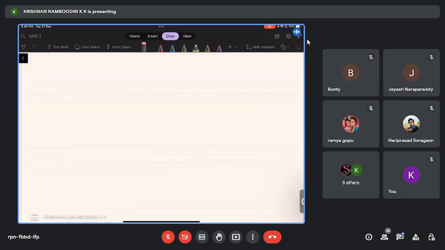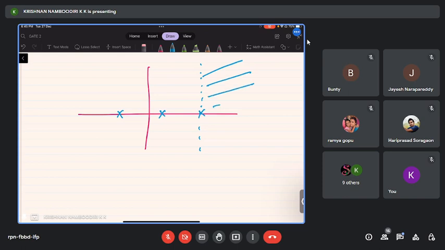Suppose this is the S plane, and I have some poles here. I will denote poles with these cross marks. One pole is here, the next pole is here, and the next pole is here. Then the ROC will be the right side of the rightmost pole. This is the rightmost pole, right?